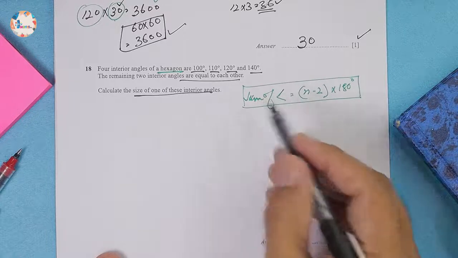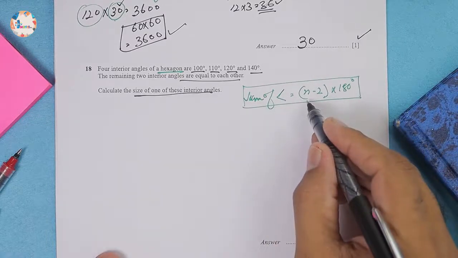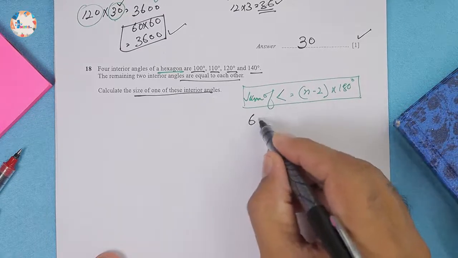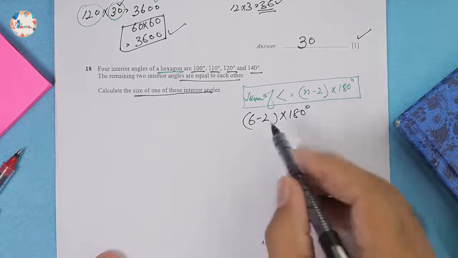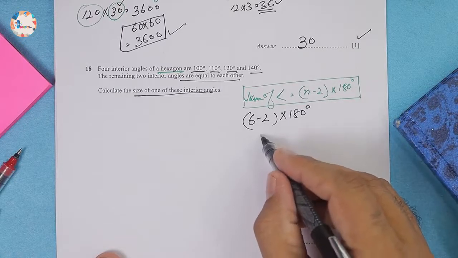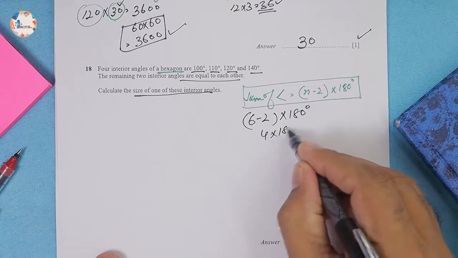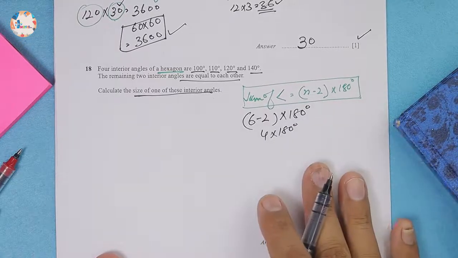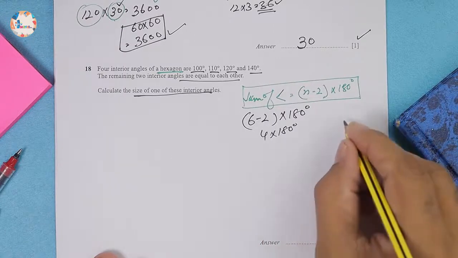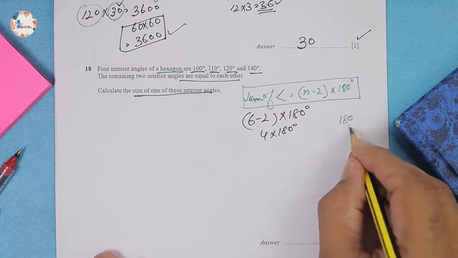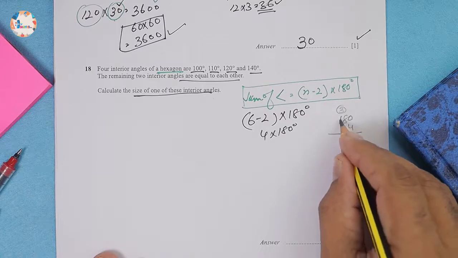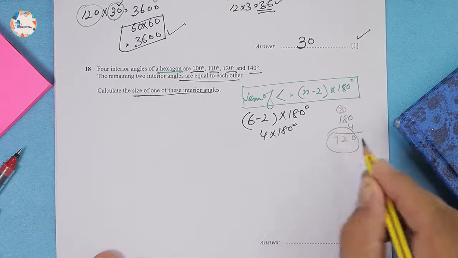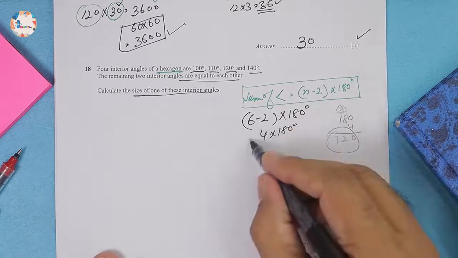So we can write the angle sum will be 6 minus 2 multiplied by 180, and this will be 4 multiplied by 180 degrees. We can roughly multiply over here: 4 times 0 is 0, 8 4s are 32, so 2 here and carry 3, 4 1s are 4, and 3 makes 7, so 720 will be the total angle.